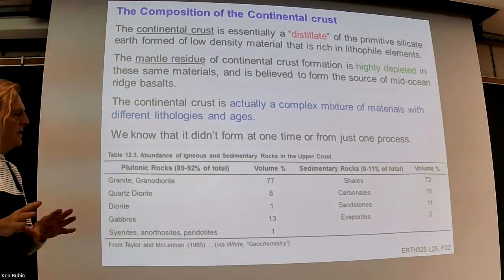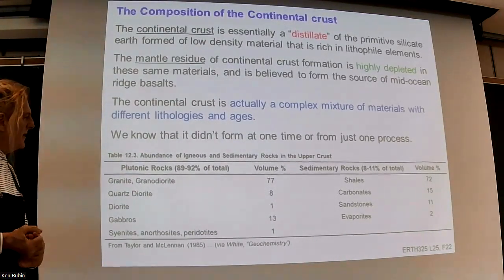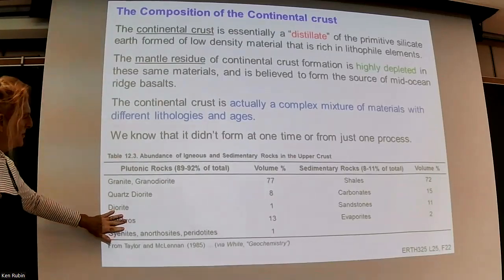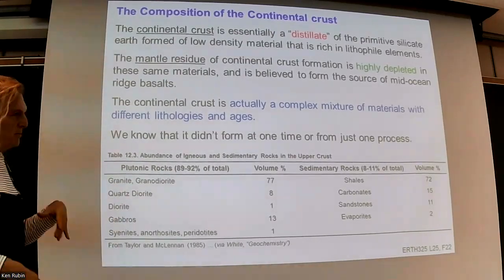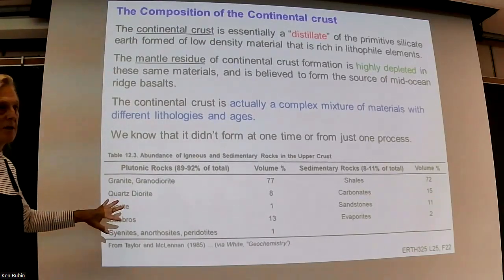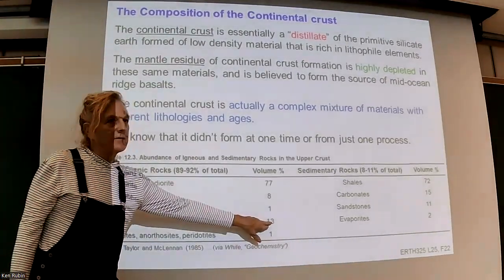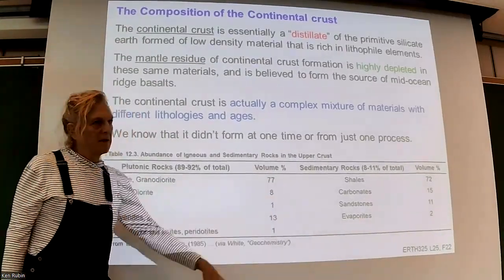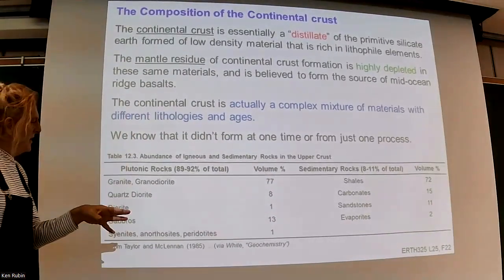Similar in major element composition to what we find in the oceanic crust, higher temperature, lower temperature. So there's a process that goes on. And if we were to make the same table for the oceanic crust, it would be 99% this stuff. There's maybe 1% of these other things that we find very rarely in the oceanic crust.